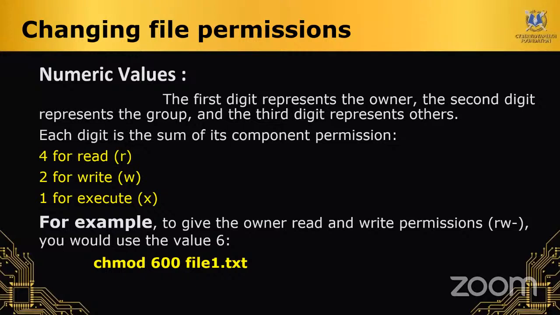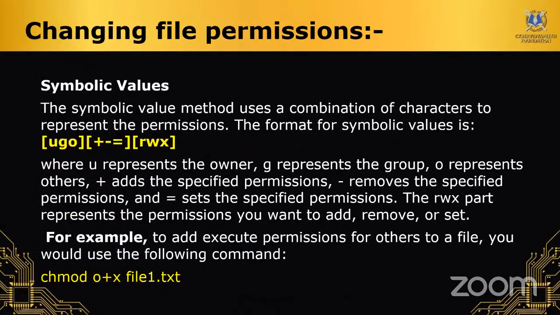There is another way, which is the symbolic way. The symbolic value method uses a combination of characters to represent the permissions. The basic format for a symbolic value is this.